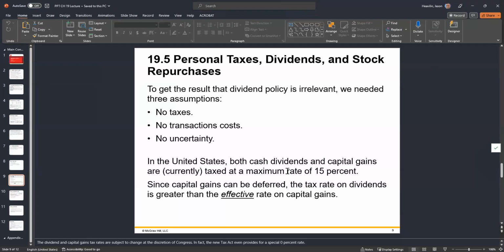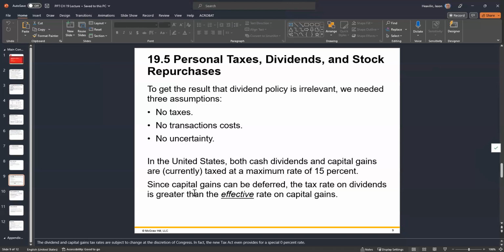However, they're not the same. Cash dividends, as of right now, currently get taxed as regular income. Well, they always get taxed. Let me put it that way. The rate does change and varies, but let's use the 15%, for example. But the dividend will always get taxed.